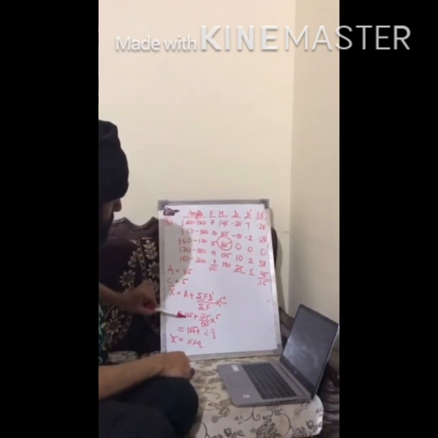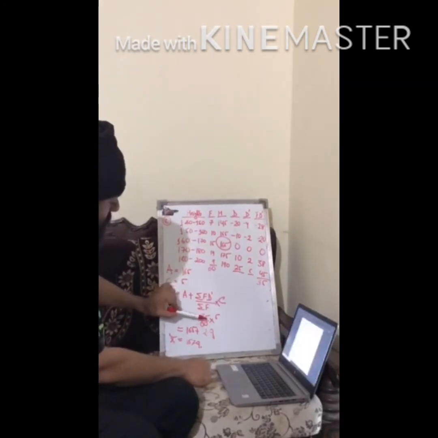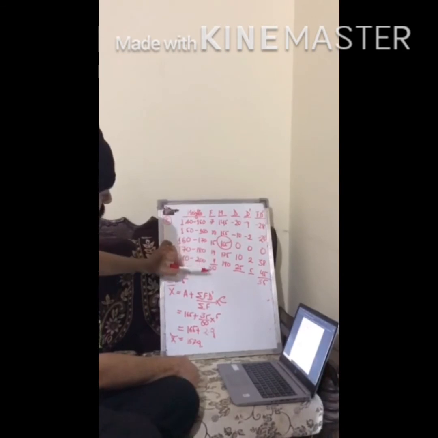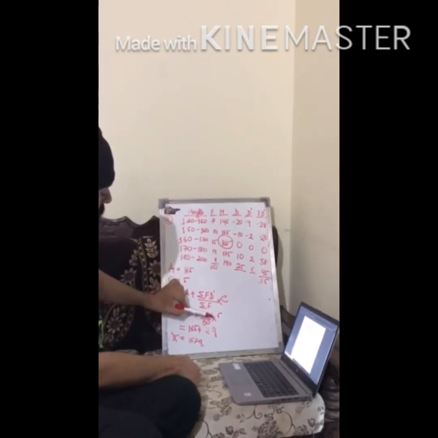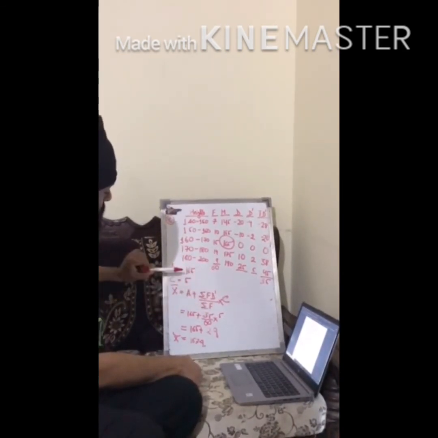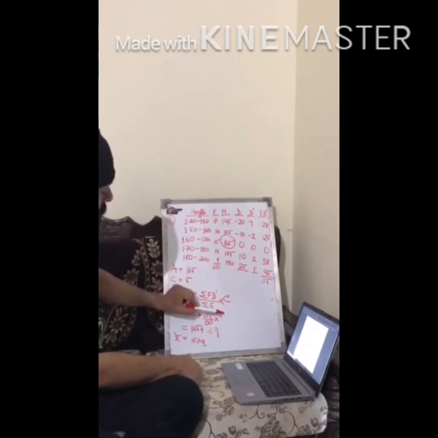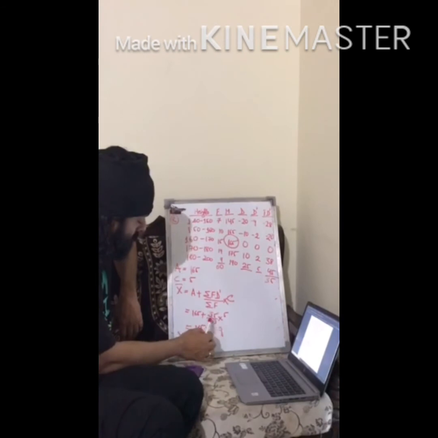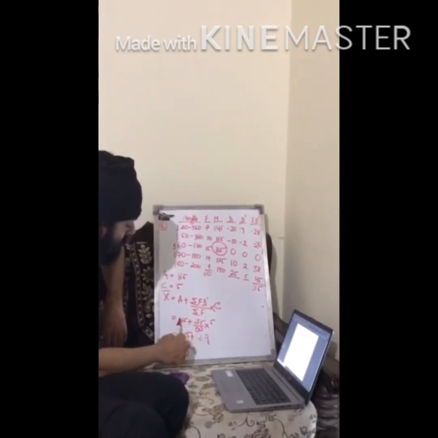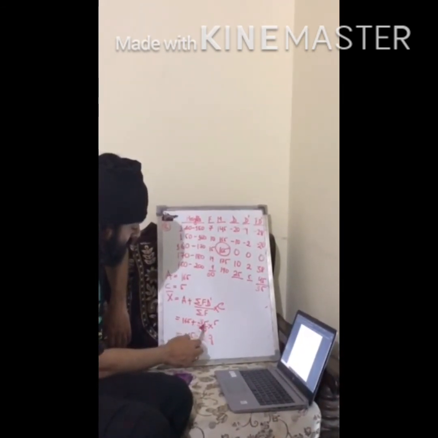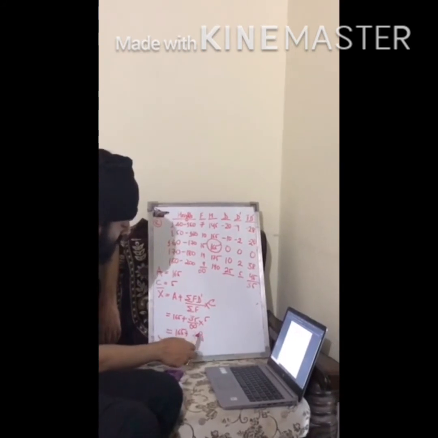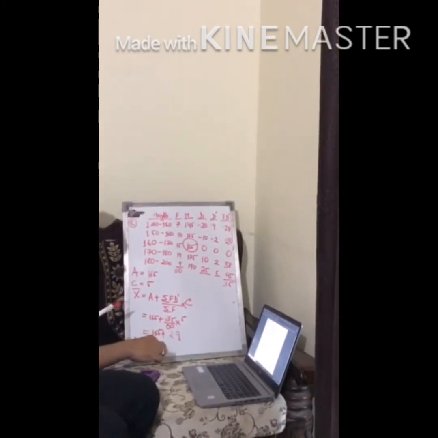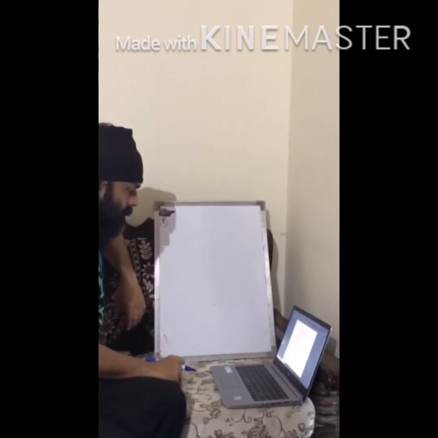So 165 plus 35 divided by the summation of f, which is 60, multiplied by C. C is the common factor. This expression gives the calculation of mean. 165 plus 35 divided by 60 multiplied by 5, which is 165 plus 2.9, which is 167.9. Thank you.